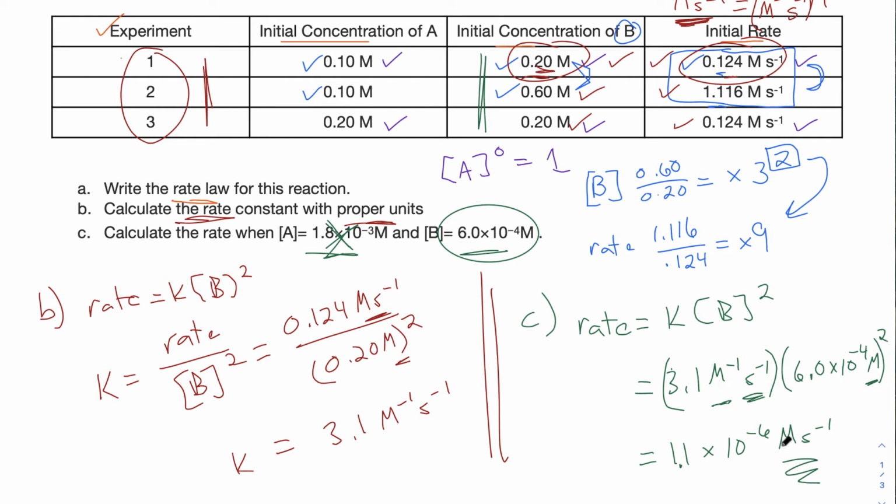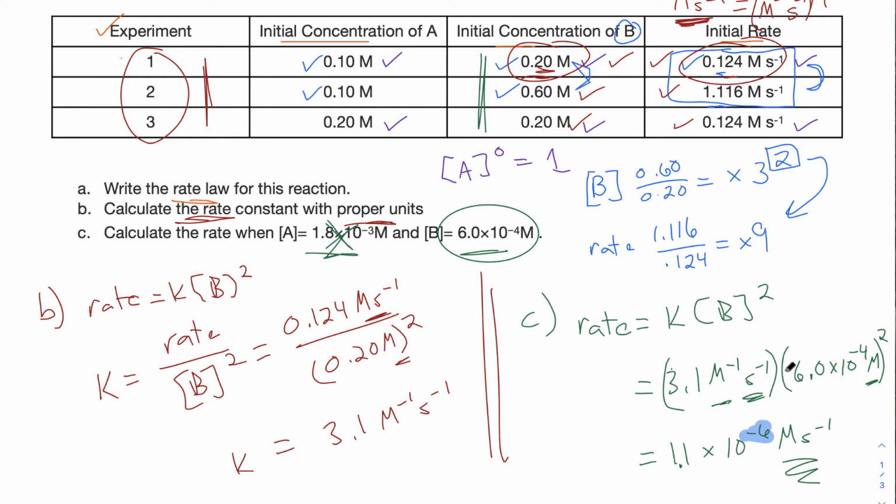Now, if that's 1,000 times less concentrated and the rate is dependent upon the square, then it's not surprising that we may see a decrease approaching a million times slower. So that does make sense.